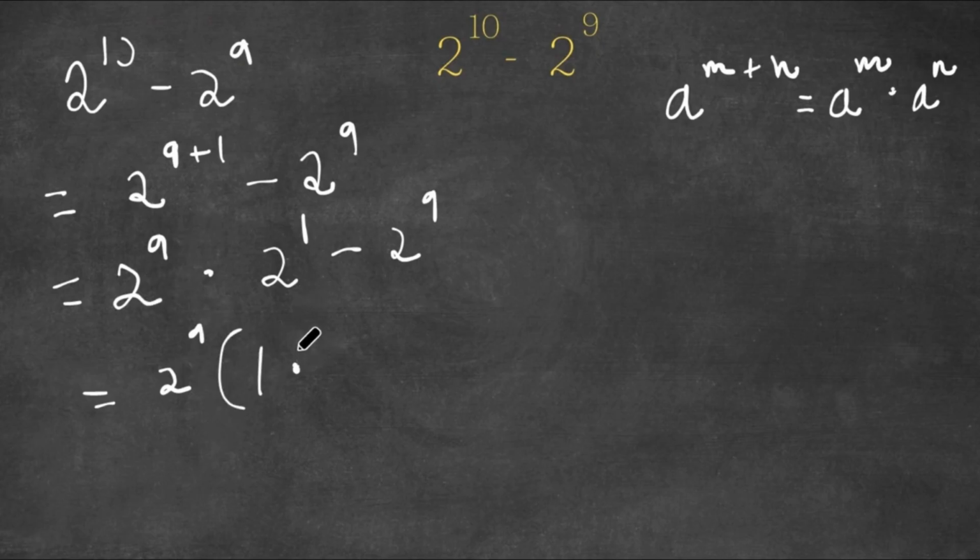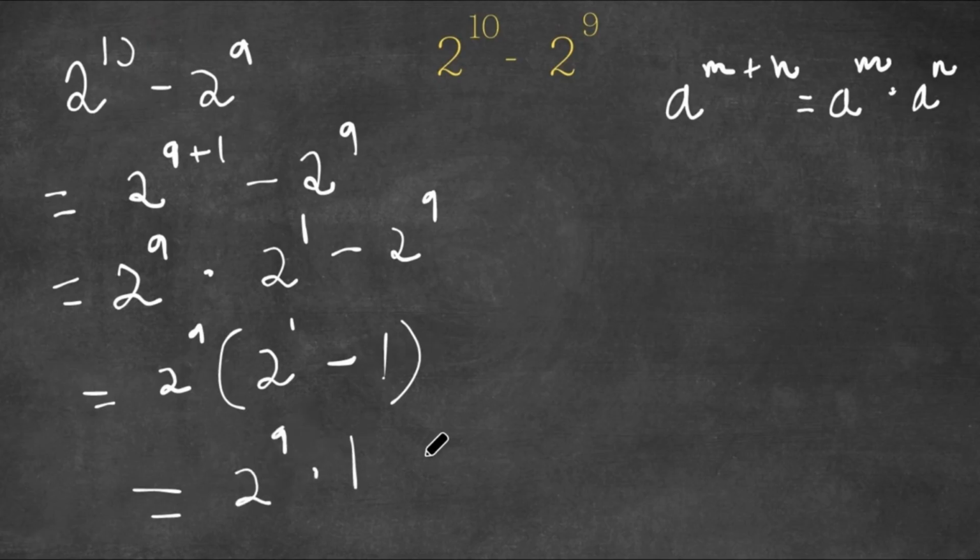And then I have 2 to the power of 9 times 2 to the power of 1 divided by 2 to the power of 9, which is simply 2 to the power of 1, minus 2 to the power of 9 divided by 2 to the power of 9, which is 1. Now this is equal to 2 to the power of 1 minus 1, which is simply 1. So I have 2 to the power of 9 times 1, and anything times 1 is itself, so 2 to the power of 9.